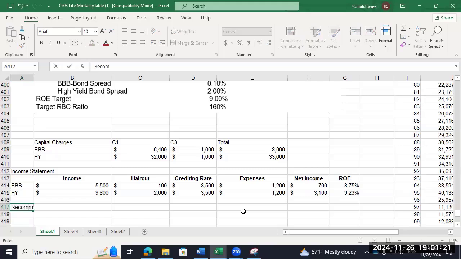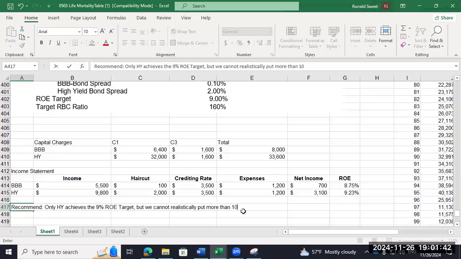So what do you recommend? Only high yield achieves the 9% ROE target, but we cannot realistically put more than 10% in high yield.